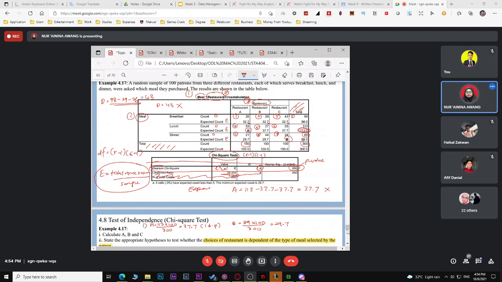Or you can also find D by doing 100 minus 24 minus 33. So you will get 43. It is the same, whether you subtract this one or that one. But for expected count, make sure you use the correct formula. Don't subtract like this. You must use the correct formula.